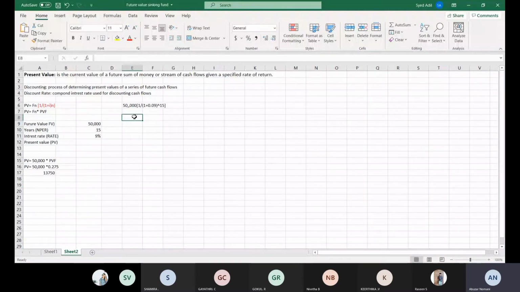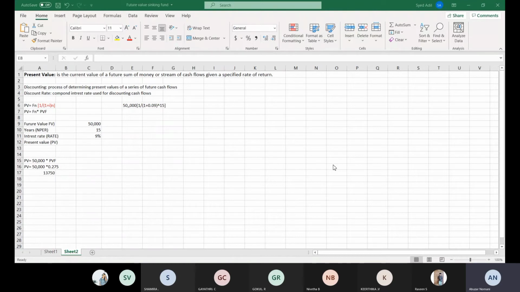So here I'm going to use the calculator. 1 plus 0.09 becomes 1.09.